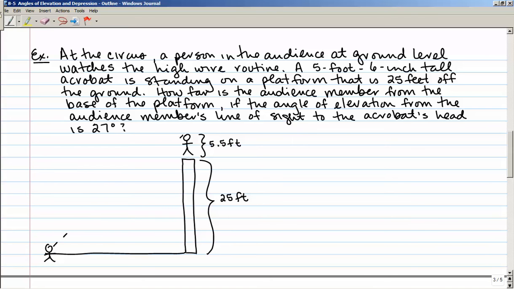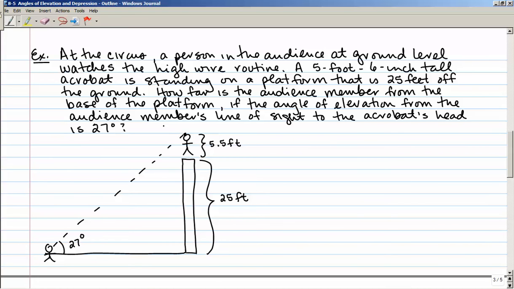So this angle right here that's formed by his line of sight looking up at the top of the acrobat's head and the ground is 27 degrees. Do you see the right triangle? So the line of sight looking up, the height of the acrobat and the platform she's standing on, and this distance here. And actually, that's the distance I need to find.